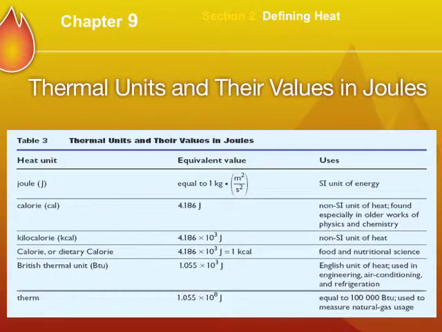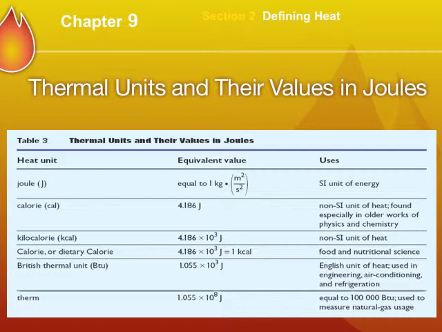Here's a look at thermal values. The joule, the calorie, the kilocalorie, which is the food calorie. Here's the dietary calorie, as you see, is the same. The British thermal unit. The Brits are looking at, what, 1,000 to 1,000 joules. So the BTU, the British thermal unit, is higher than a joule.